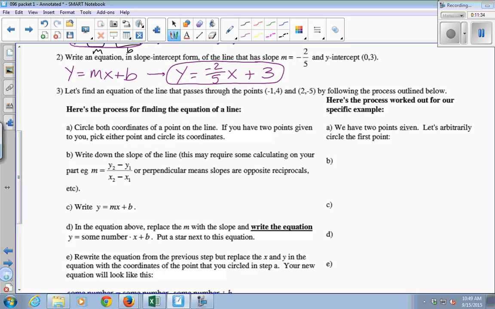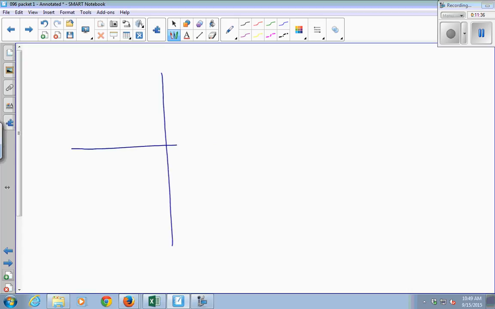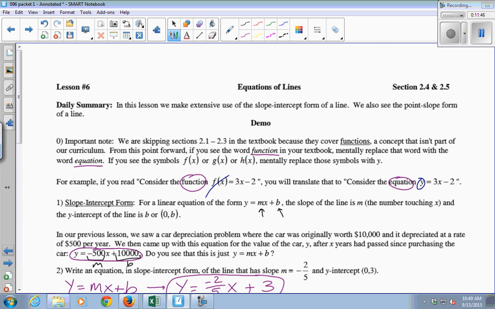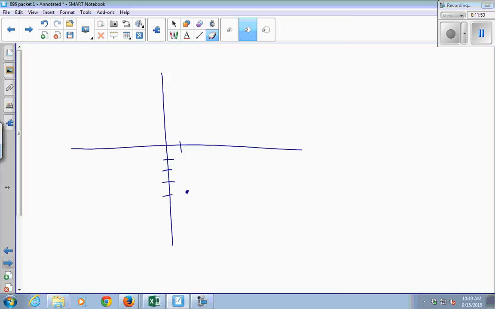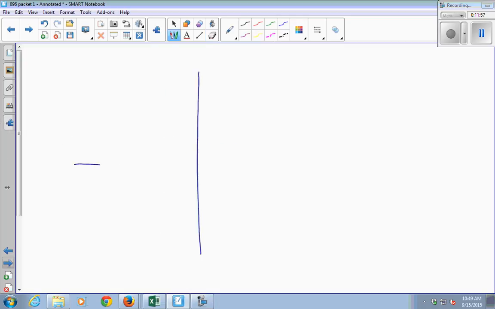Sorry, I mixed it up: (-1, 4) is left 1, up 4, and then (2, -5) is right here.